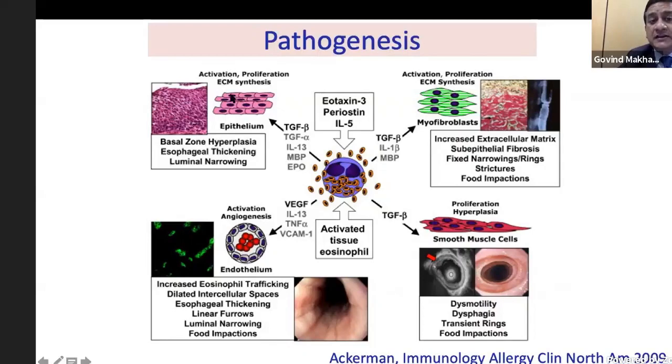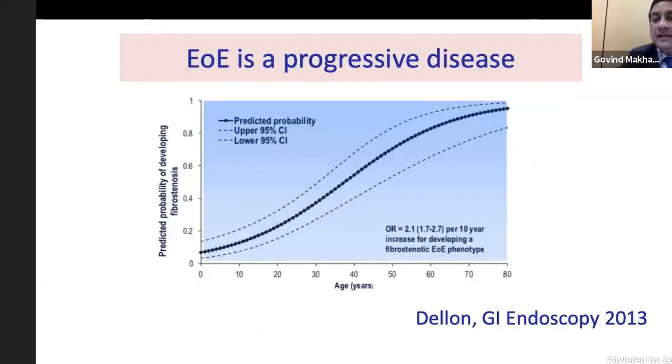It leads to damage to the epithelial layer. There's a basal zone hyperplasia, and that leads to thickening or lumen narrowing. It leads to vascular proliferation, and it also leads to activation and proliferation of extracellular matrix. And all of these together lead to esophageal dysfunction and ultimately esophageal stricture if the damage process continues.